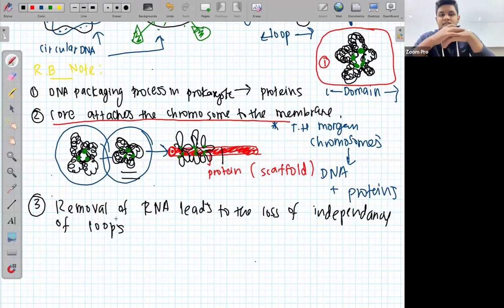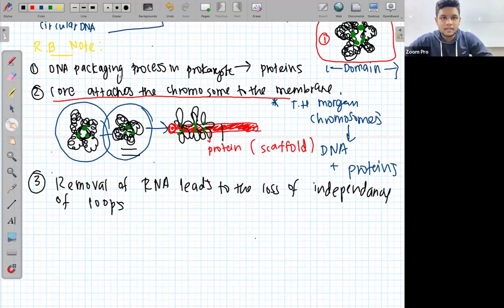So where does this RNA come in here? This is what we learned, the process. Here the core is what they are trying to tell indirectly.